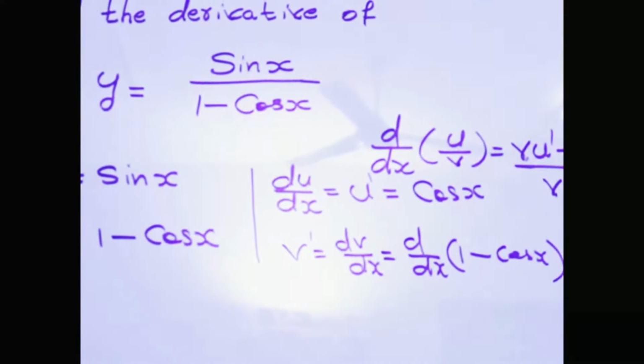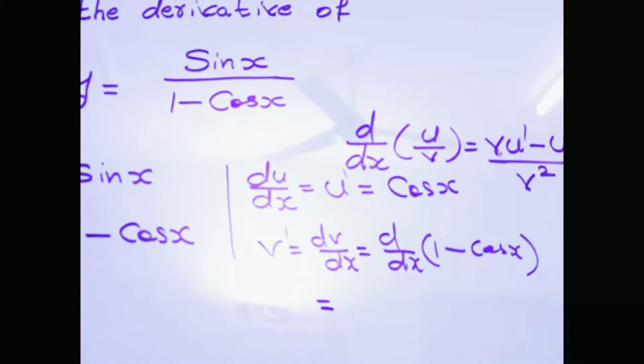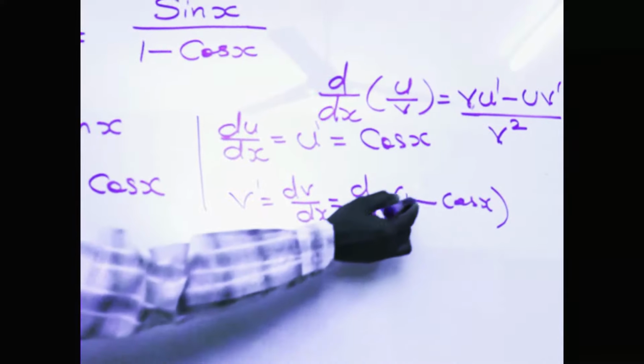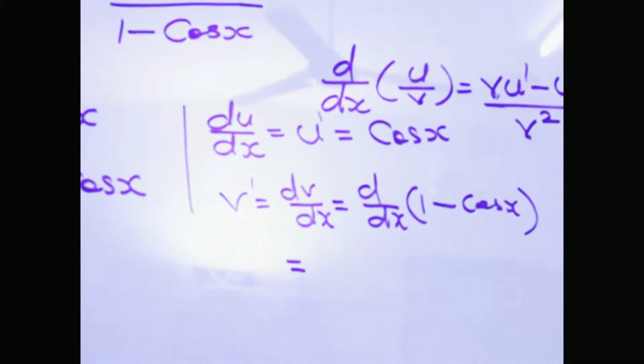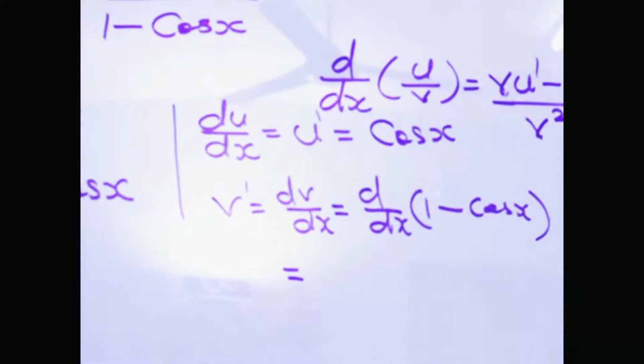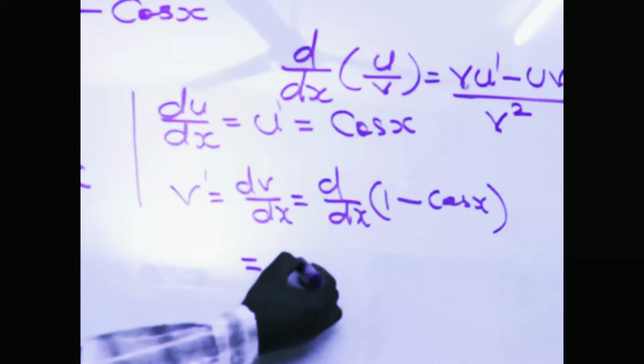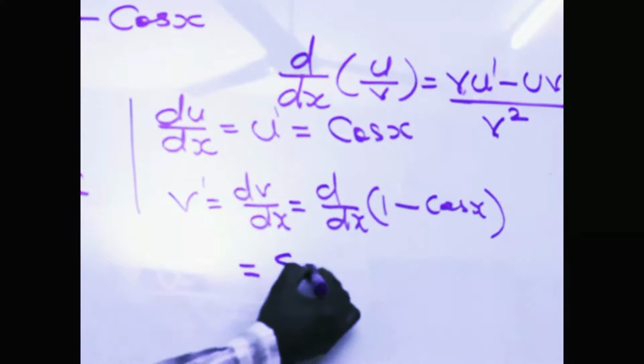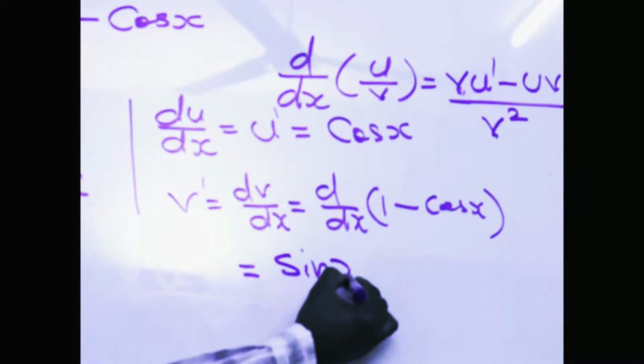The differential of 1 is 0 and the differential of cosine x is minus sine x. Minus of minus becomes plus, so we can write sine x.